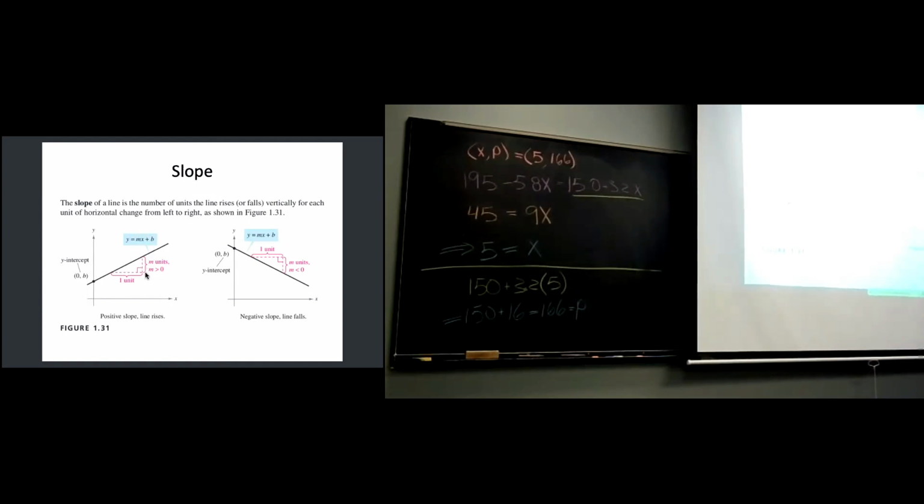It compares the number of units you go up to the number of units you go across. And it compares that as the ratio, up divided by over, my mistake. Does that make sense what I mean? Rise over run.